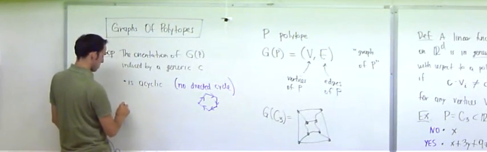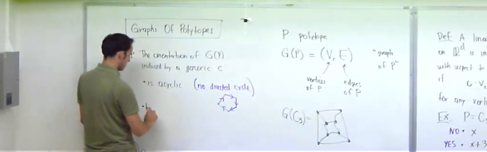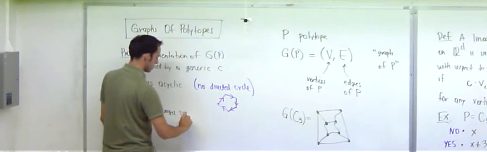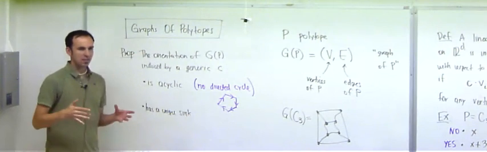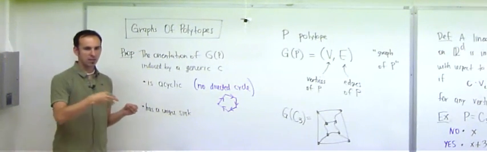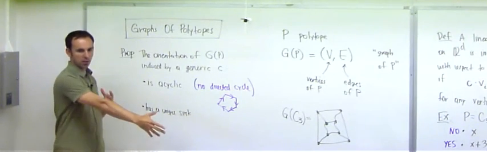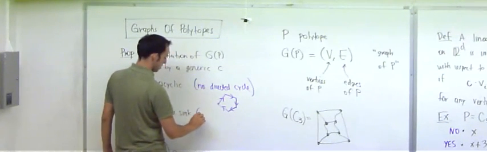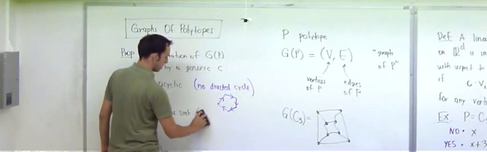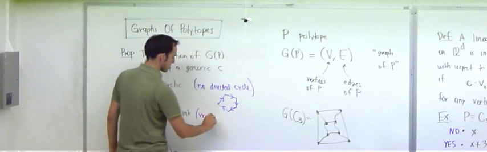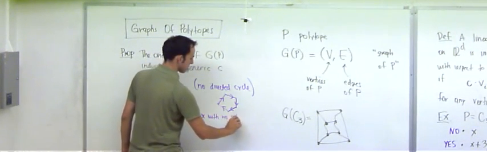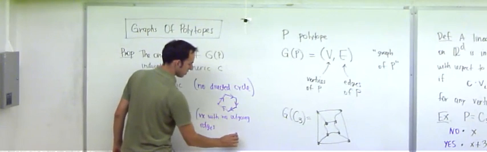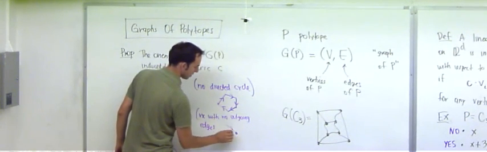And it has a unique sink. And when I say a sink in a graph, I mean a vertex such that every edge is coming in and no edges are coming out. Okay? So what I mean by this is a vertex with no outgoing edges. Okay, so it's a vertex such that all the edges are coming in.